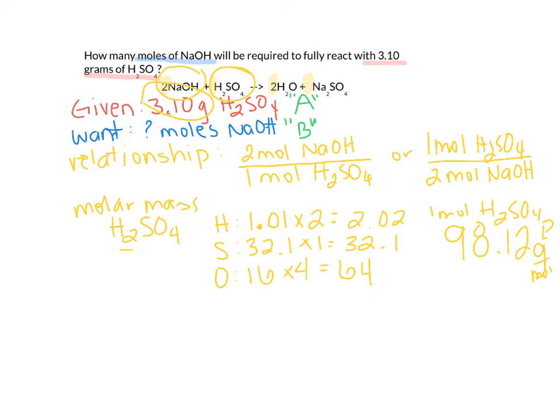Okay, so I'm going to switch to black here, and I'm going to set up our dimensional analysis tool. Like I've said over and over, we always start with our given. So I'm going to plug in our given right here: 3.1 grams of H2SO4.